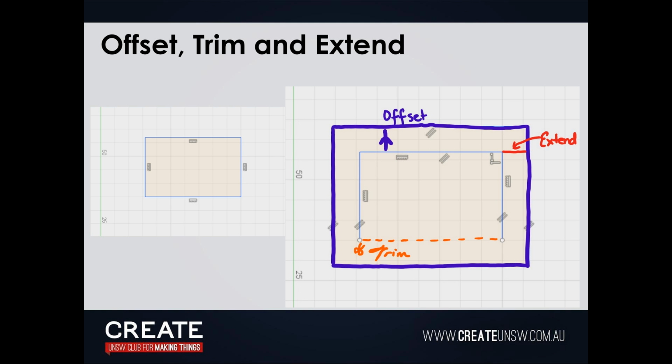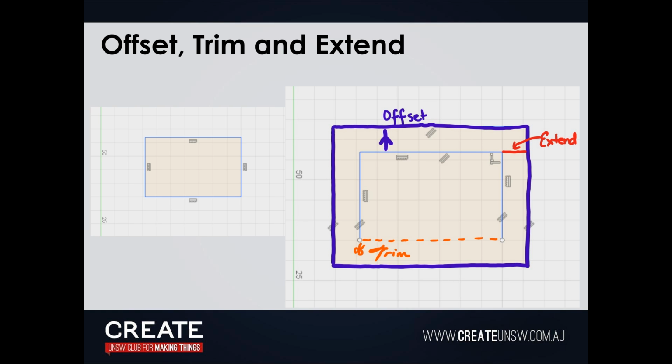For example, I don't want these two. Those are the points we actually just extended. So you just hit trim, click on them, 1, 2, gone. It's pretty much whatever's intersecting with 2 other lines or 1 other line, either way, that gets removed. Okay. Offset, trim, extend.